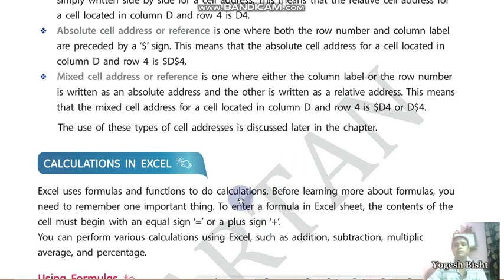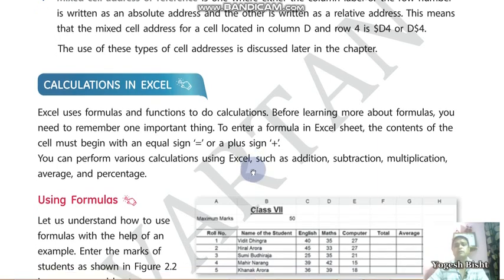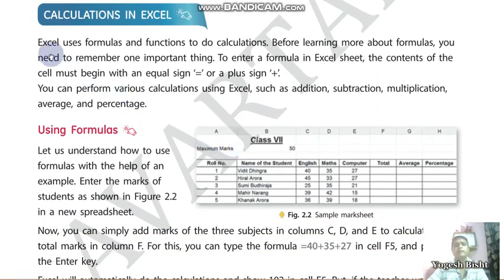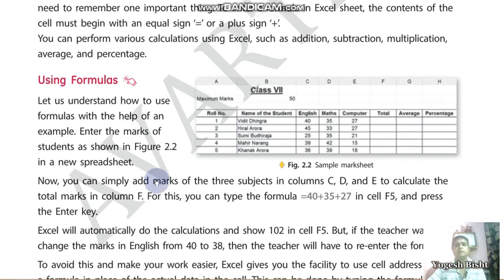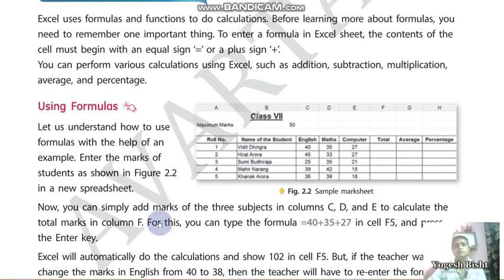All right. So before that, to see the effect of these references, we must know the calculation in Excel. So what sort of calculation do we do? Like I have sent you the video in the previous class where you are taught to use the different calculations in Excel, and then using a formula, we can also use a formula which is a predefined calculation for any set of calculation in MS Excel.